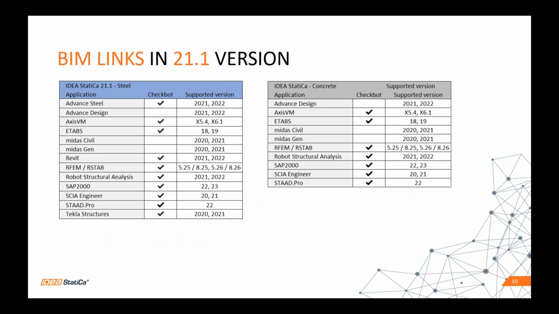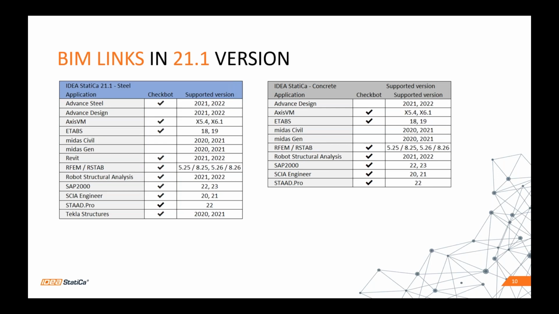The links that we support currently in version 21.1 are listed in the two tables on the slide. We unfortunately don't cover Advance Design yet, but that's one of the ones that we're currently working on. And we don't cover MIDAS currently either.